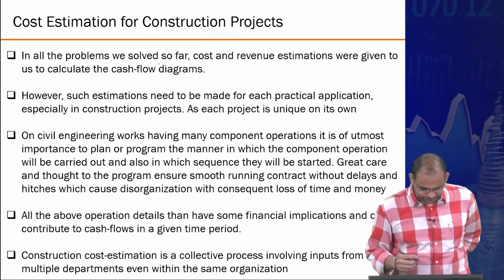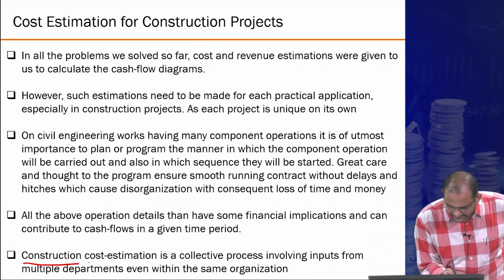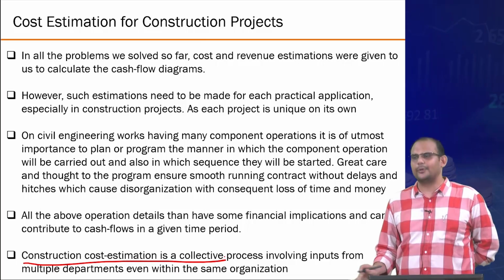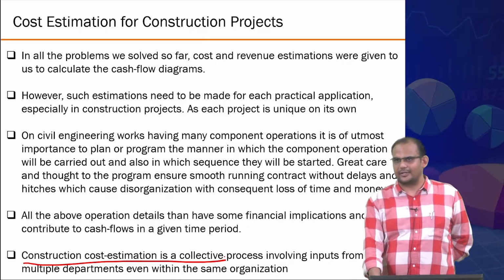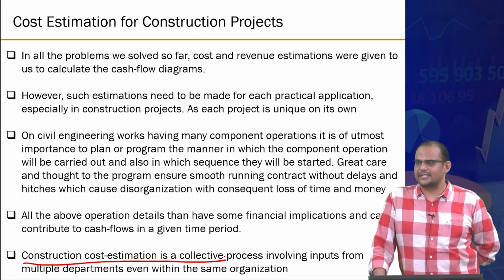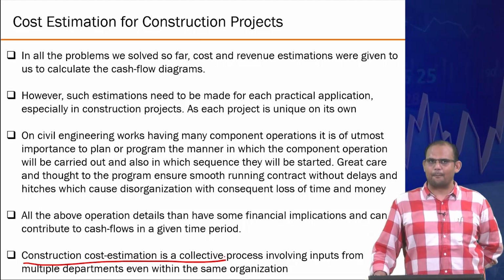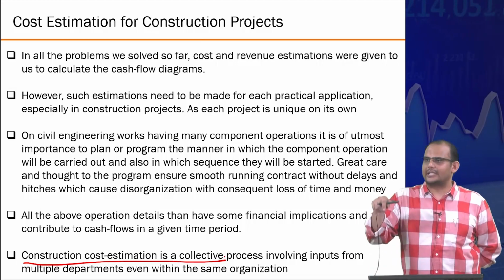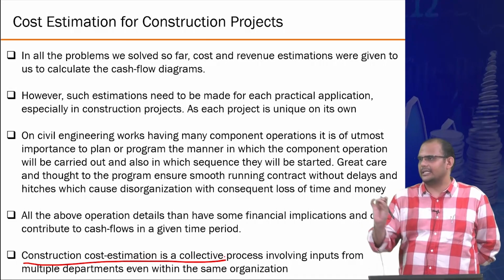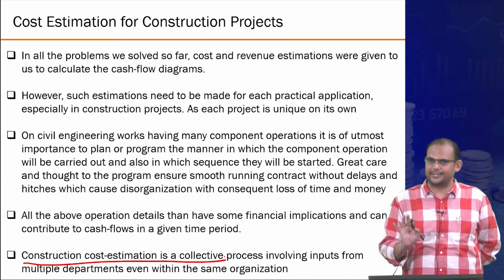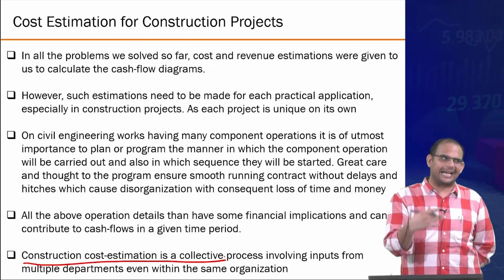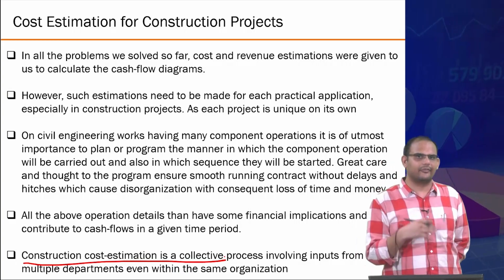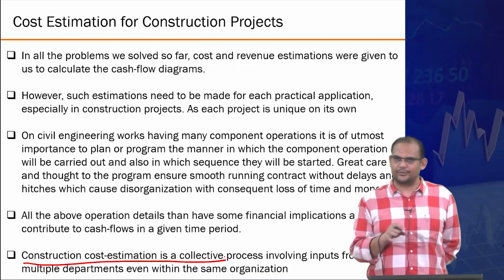One thing that you need to realize is there is no easy way to estimate costs. This is a cumbersome process, and it involves inputs from multiple people across the organization. There will be no one single person who will be able to tell you the total cost for this particular project. You have to really gather information from a range of different players, offices, and so on.